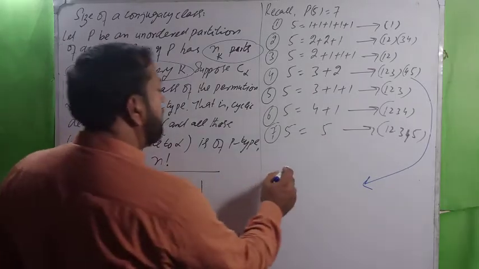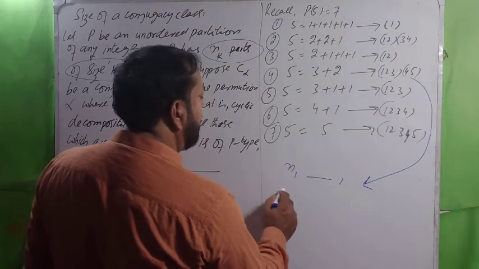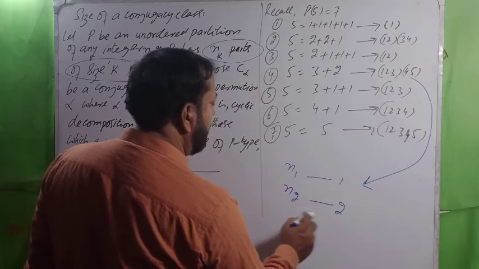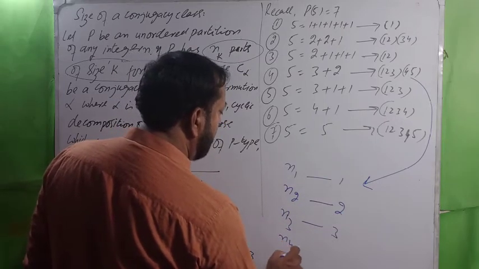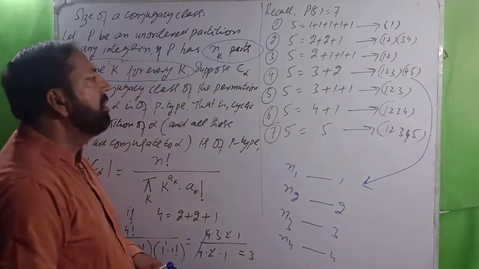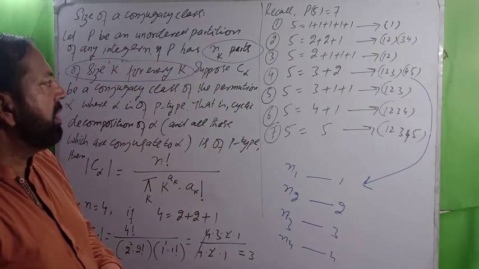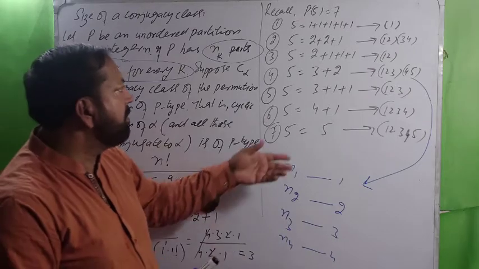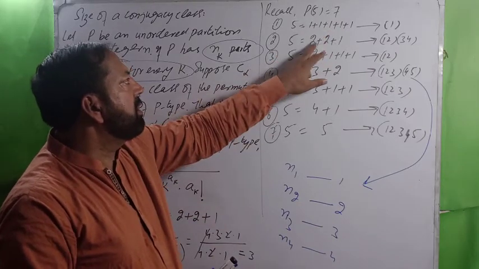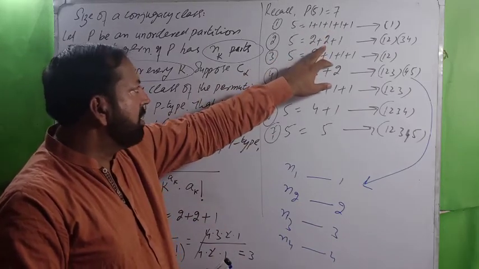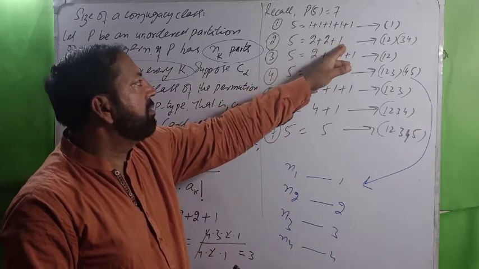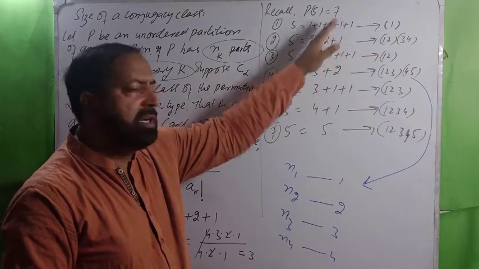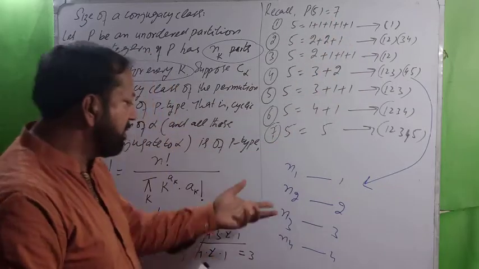That means n_1 has 1 part, n_2 has say 2 parts, n_3 has 3 parts, n_4 has 4 parts, like this. Of course you can arrange these, so no problem. These are the parts, like this. You can understand.